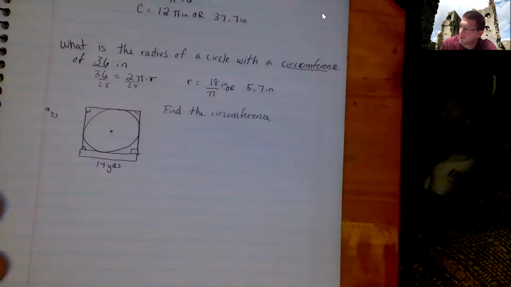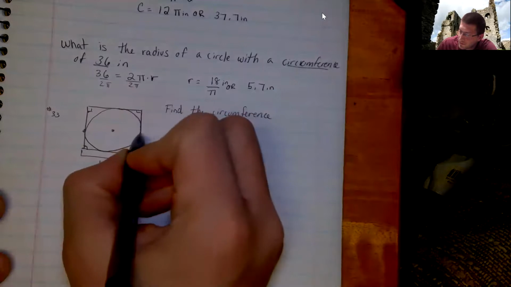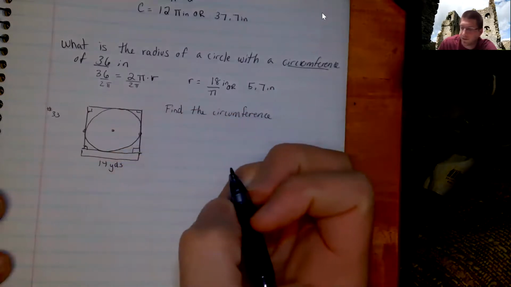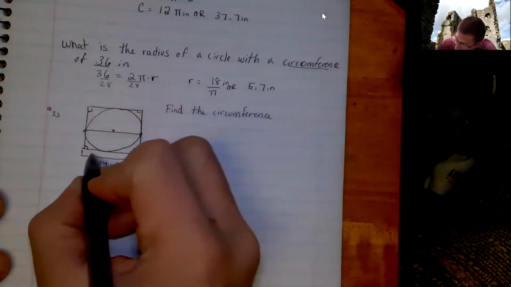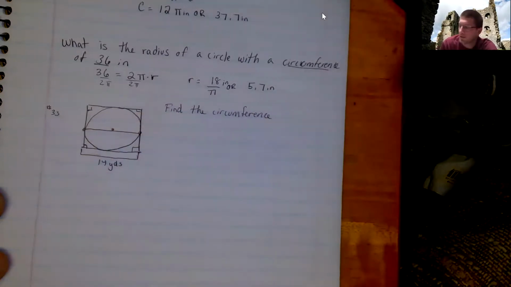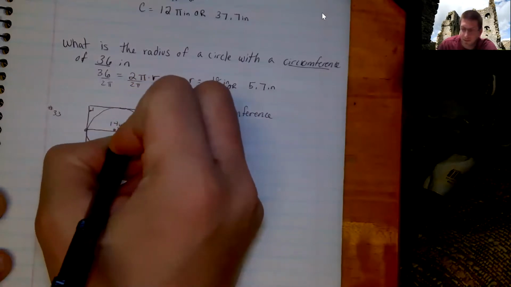If I want to find the circumference, I need either the radius or the diameter. Well, because the circle touches both sides of this polygon, right, that means that this distance is going to be the same as this distance down here. So if this is 14 yards, this is 14 yards as well.